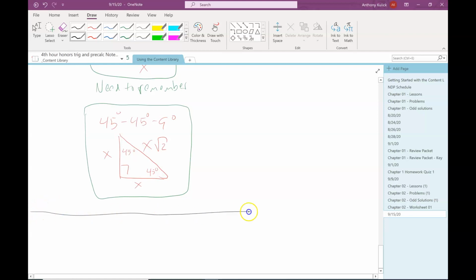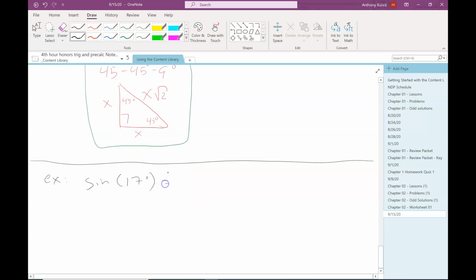Okay. How do we compute sine of, say, 17 degrees? How would I do something like that? Anybody with an idea how we do that?